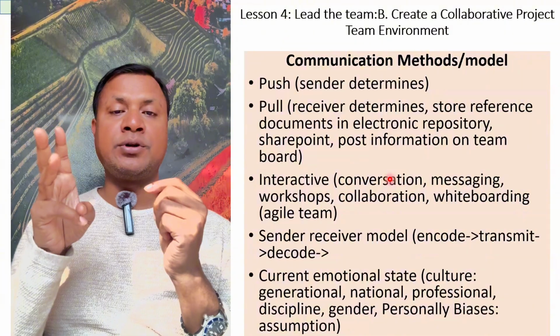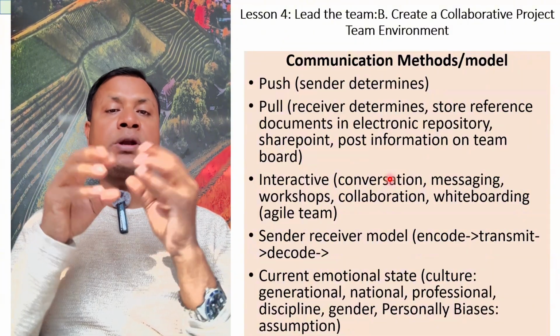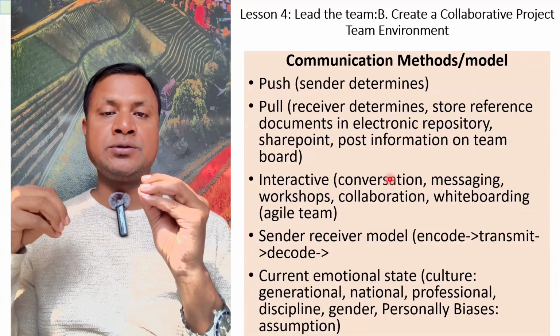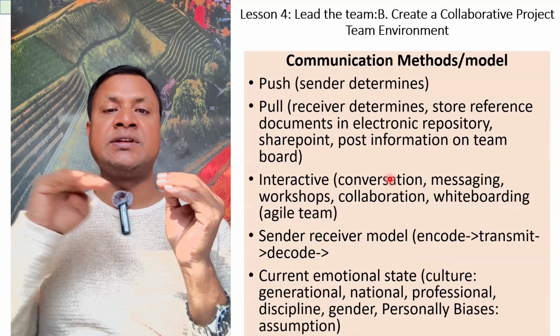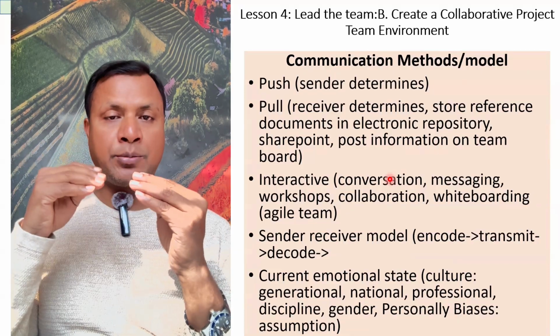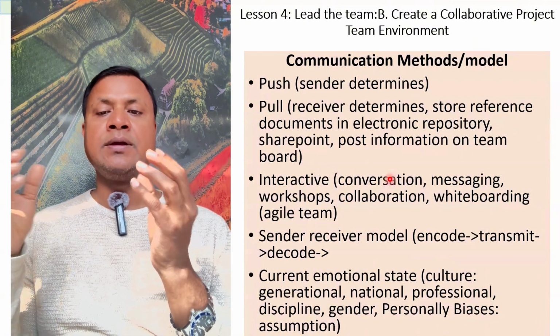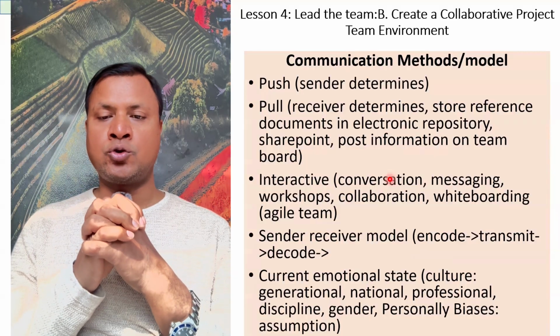And there are three models: sender, receiver, encoding, decoding. Whatever the sender sends, it's encoding, and whatever the receiver receives, it's called decoding. And in the middle there is a transmission. So there will be some noise, there will be some gap between the sender and the receiver. I have discussed it at an earlier point, so I will not talk more on this.